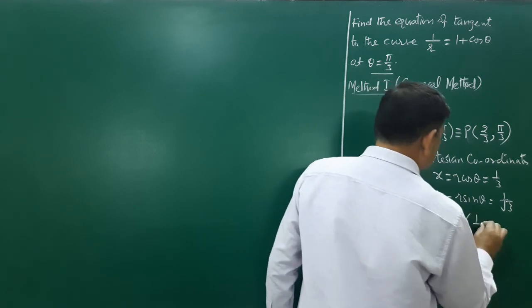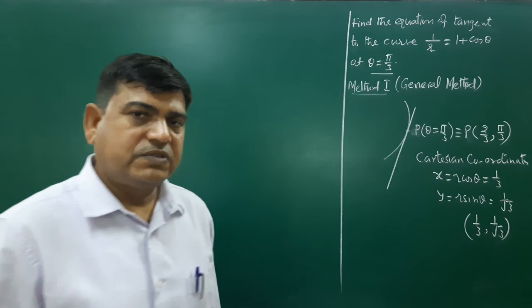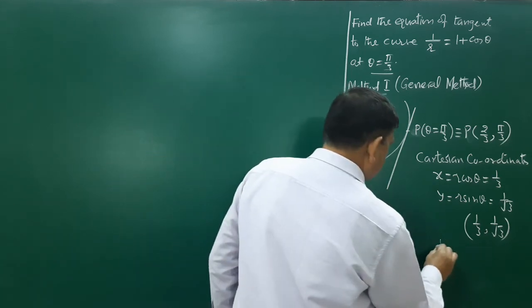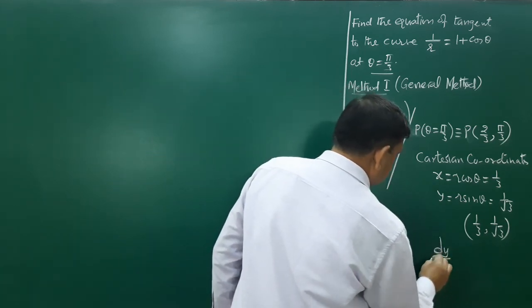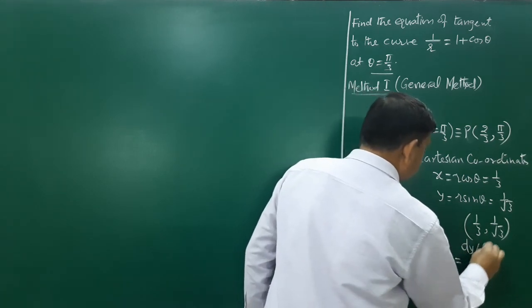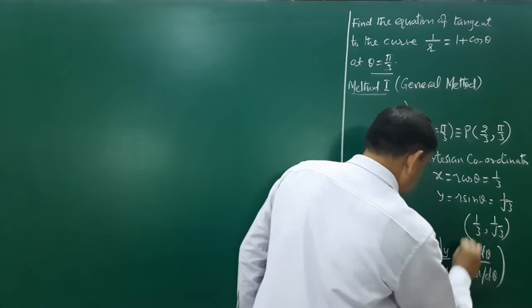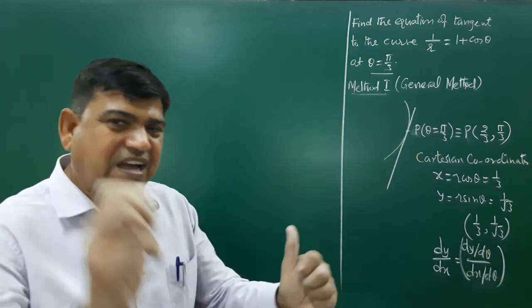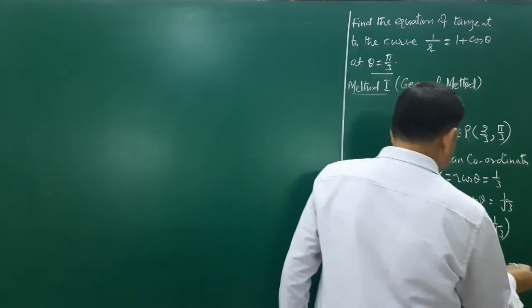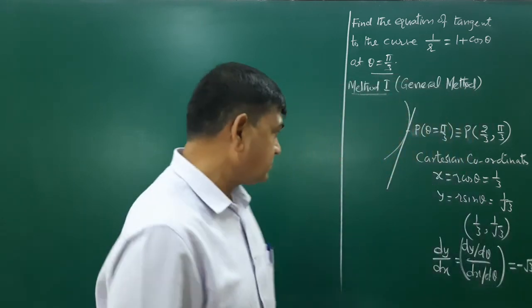So coordinates are 1 by 3, root 3 by 3. Then you can find dy by dx. Okay, remember dy by dx will be dy by d theta upon dx by d theta. It is time consuming, but the answer was minus root 3.